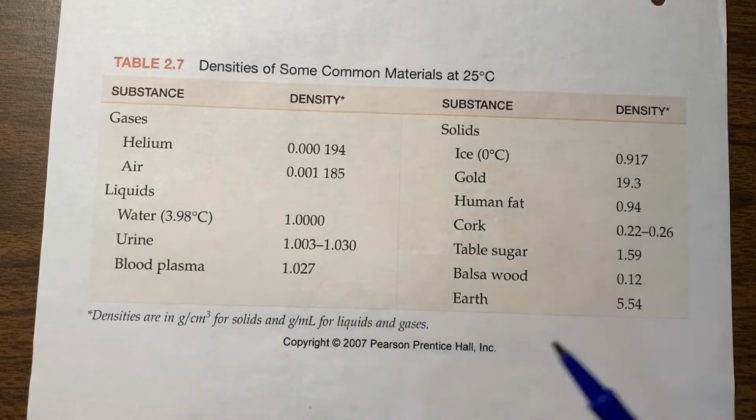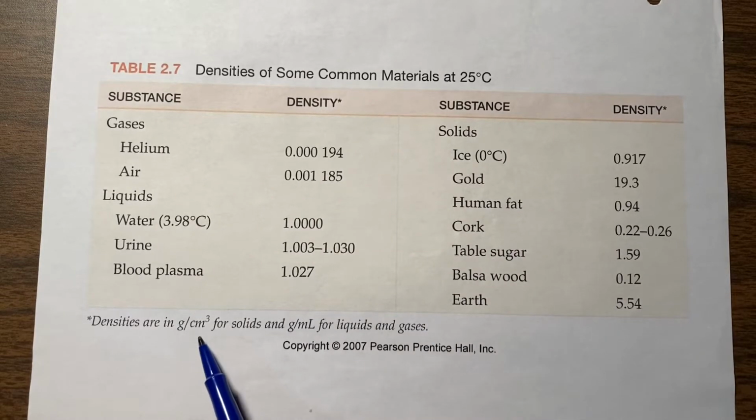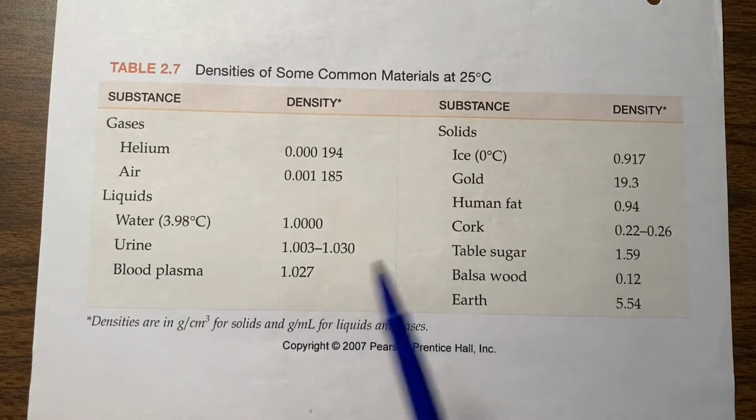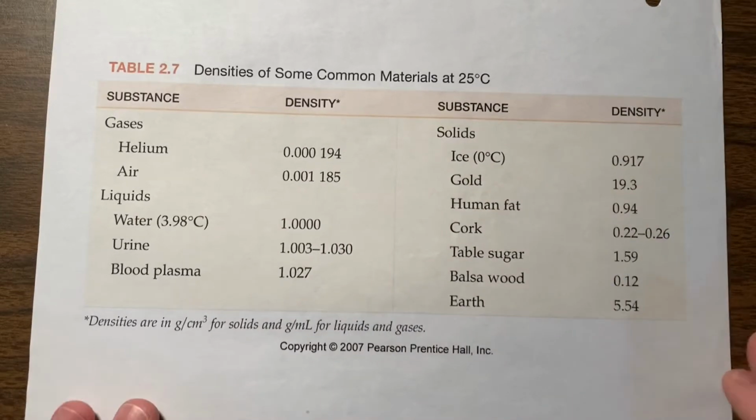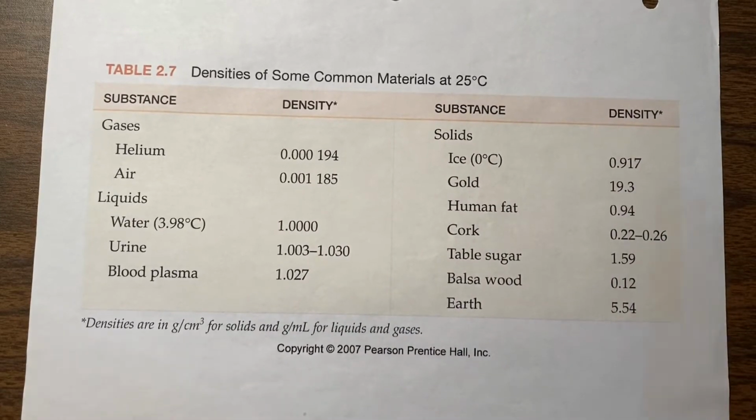It's just common practice that we use grams per cubic centimeter to express the density of a solid, because a solid is three-dimensional. We measure its length, width, and height in centimeters, which is a convenient unit, but we could express it in grams per meter cubed if we wanted to. And liquids are usually expressed in grams per milliliter, but you can use either one and you'd be right.